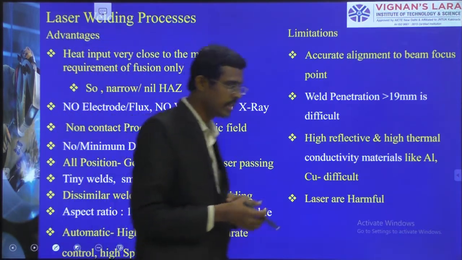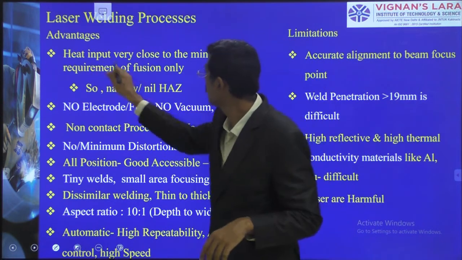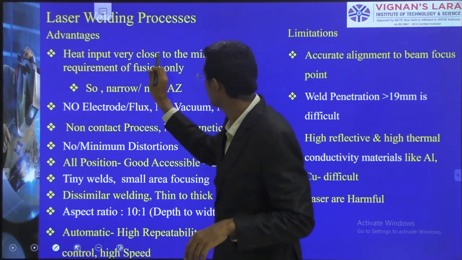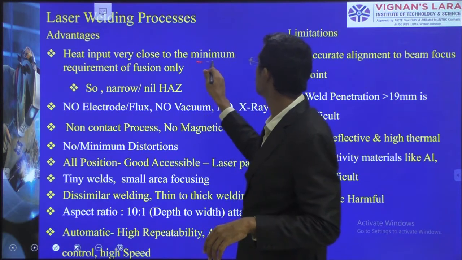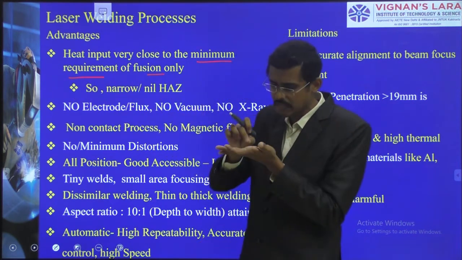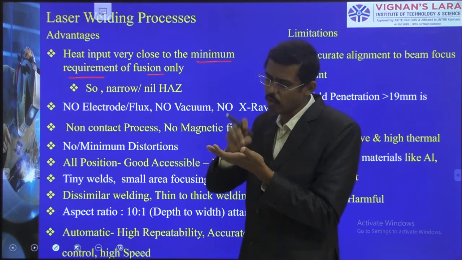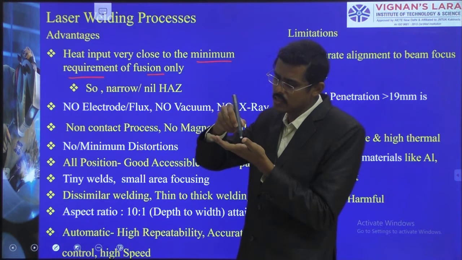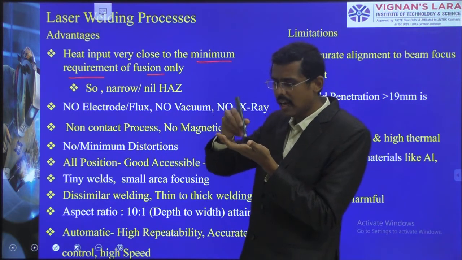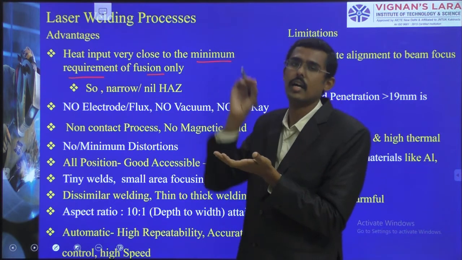So, the advantages and limitations. Therefore, heat input is very close to the minimum required for fusion only. The flash lamp generates heat, which we focus at a specific point, and it vaporizes and creates a keyhole, then the molten material drops down, melts, and the welding is done.